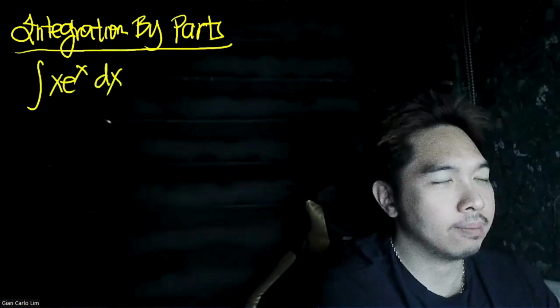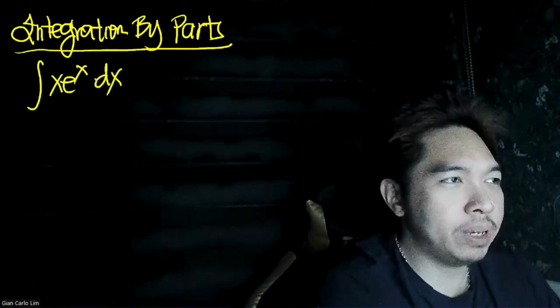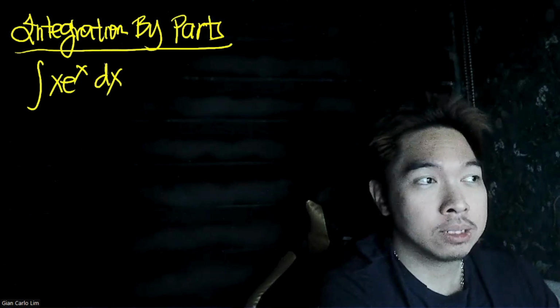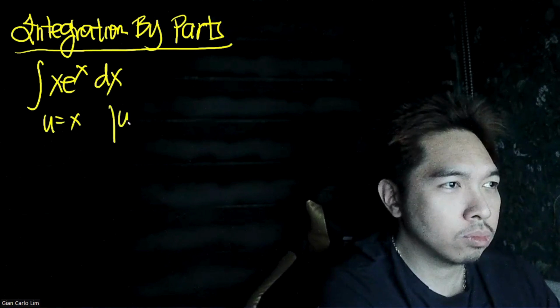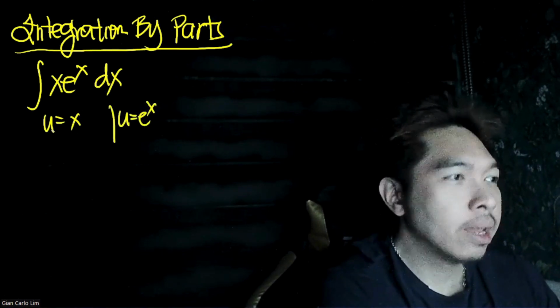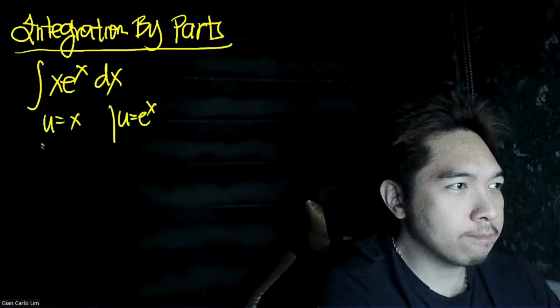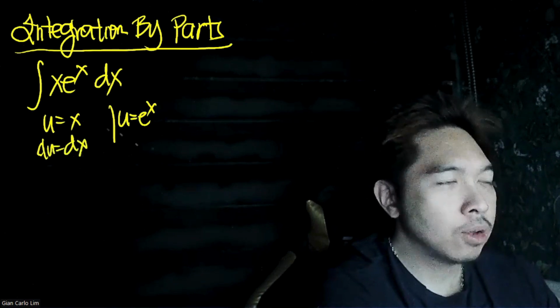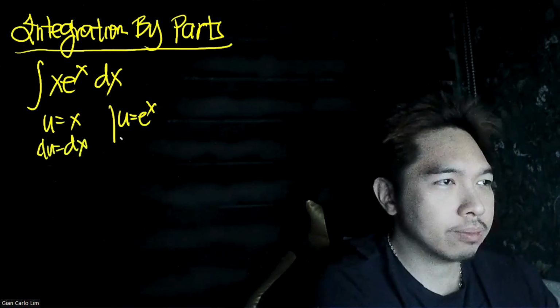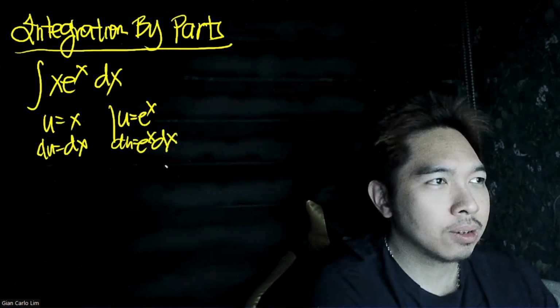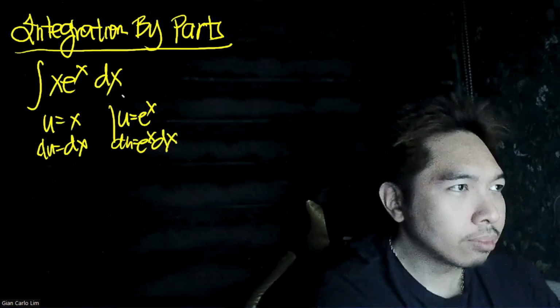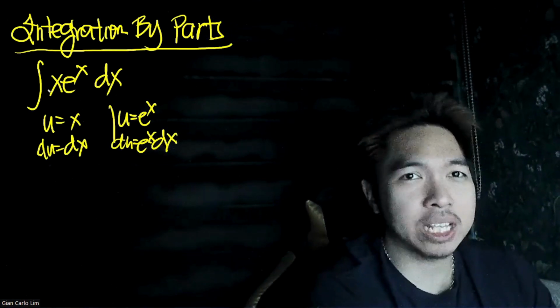Integrate this. So say for example, we have x e raised to x dx. All right. So if we let u be equal to e^x, or we let x be equal to u, and then we take the derivative, we still arrive at the same equation, wherein it still became a certain equation that we cannot integrate.